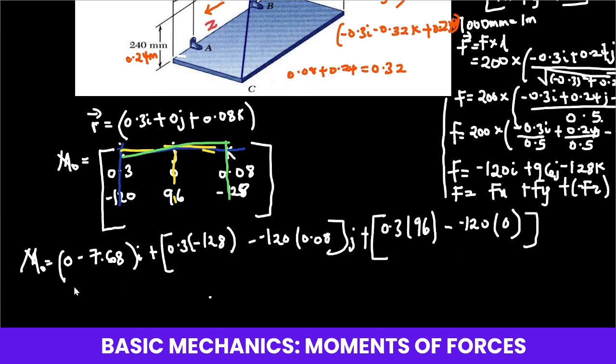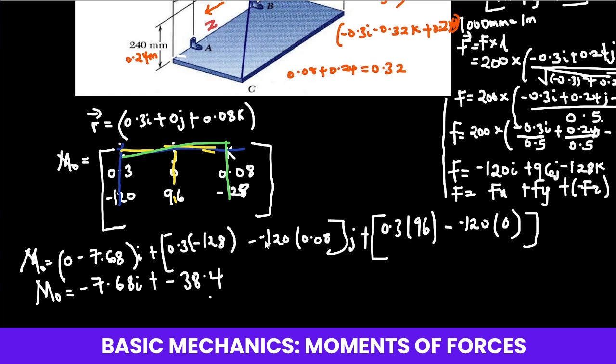So that is it. So at the end, we are going to have our moment equal to 0 minus 7.68, we're going to have negative 7.68 I here, then plus 0.3 multiplied by 100 and negative 128, we're going to get minus 38.4 here.